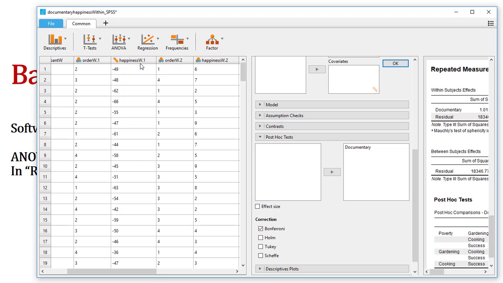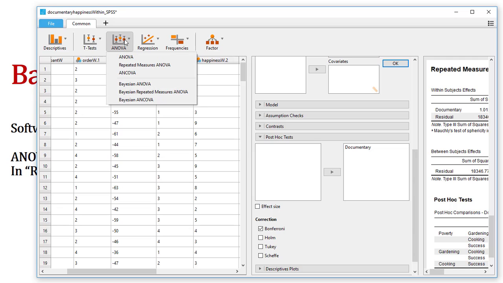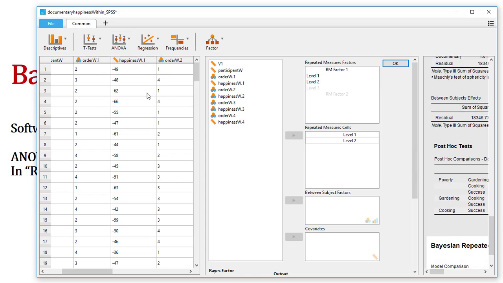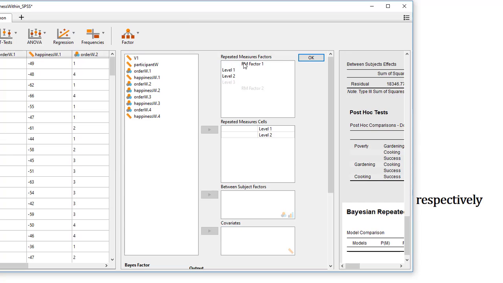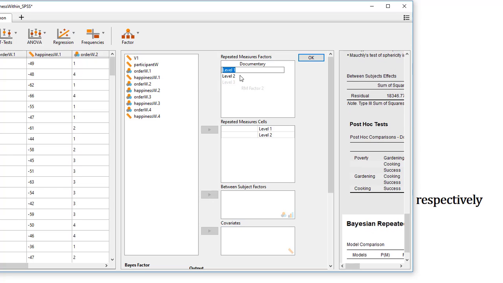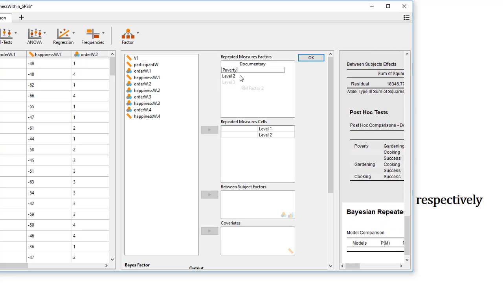So we go to ANOVA, and instead of going repeated measures ANOVA, we go Bayesian repeated measures ANOVA. And we have to do the same as before. We define the documentary and the levels.